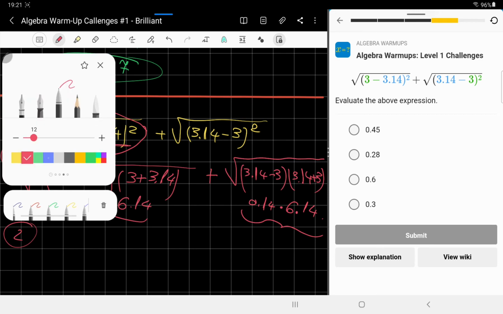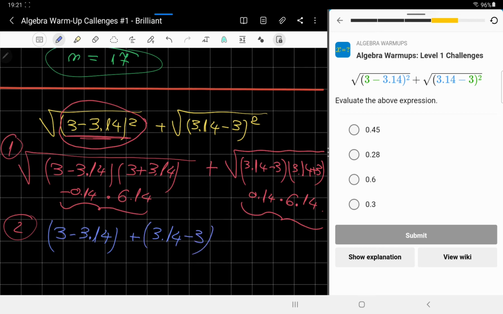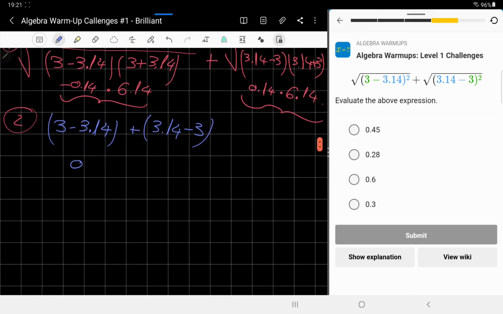Let's do some blue. So 3 minus 3.14 plus 3.14 minus 3. And in this case, it simply is minus 0.14 plus 0.14. So obviously we're not going the right direction.